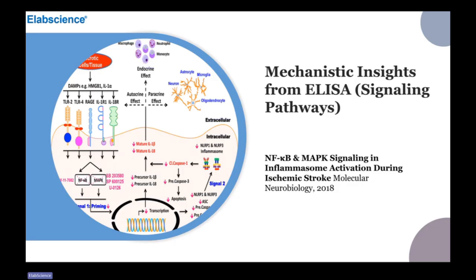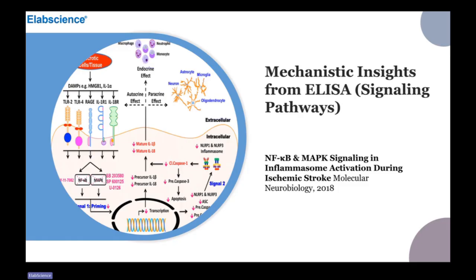It activates the NF-kappa B and MAPK pathways, which lead to inflammasome formation and the release of IL-1 beta and IL-18. These cytokines act on neurons, glial cells, and sometimes immune cells, amplifying the inflammation, while caspase-1 promotes apoptosis.